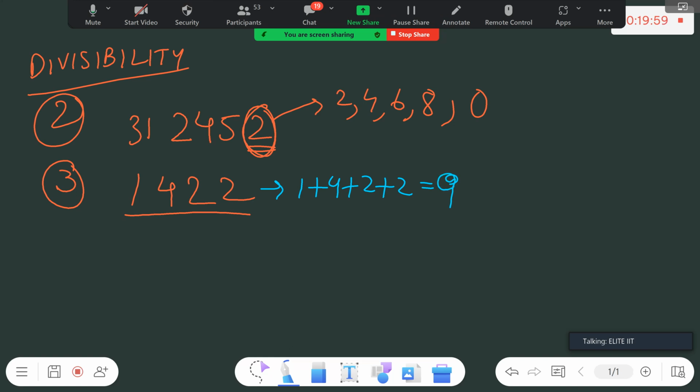And we know 9 is divisible by 3, because 9 divided by 3 will give us 3, and there will be no remainder. So we can say that this number 1422 is divisible by 3.